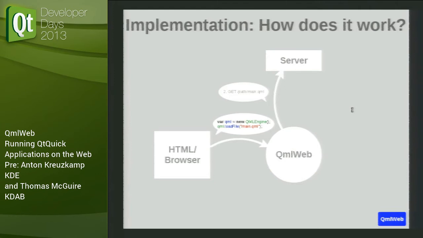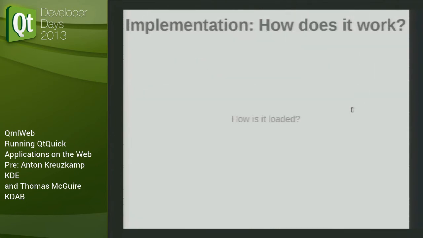It's actually the same as in C++. Then QML Web will do an XML HTTP request to the server to get the QML file, and will then do its work, parse and interpret, and then it will tell the web browser to create a div with that size, and it should be there, and so it tells the web browser what to actually display.